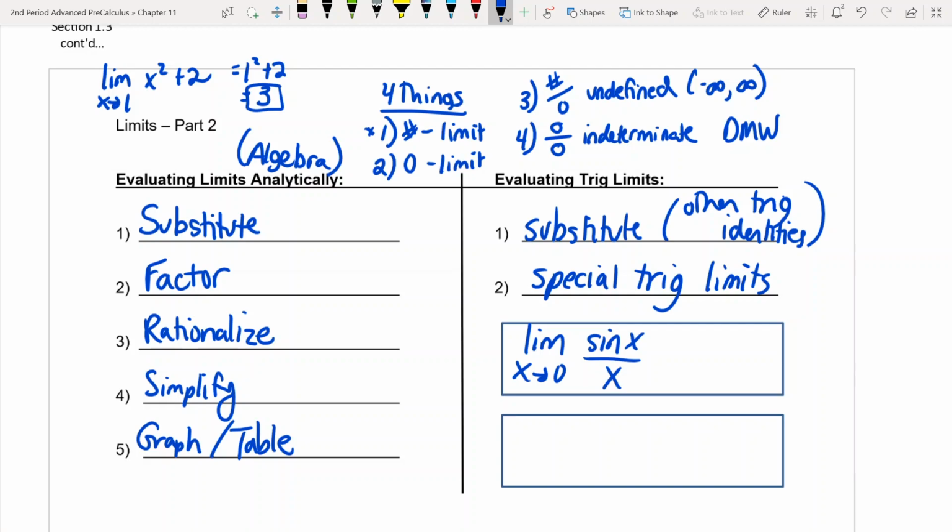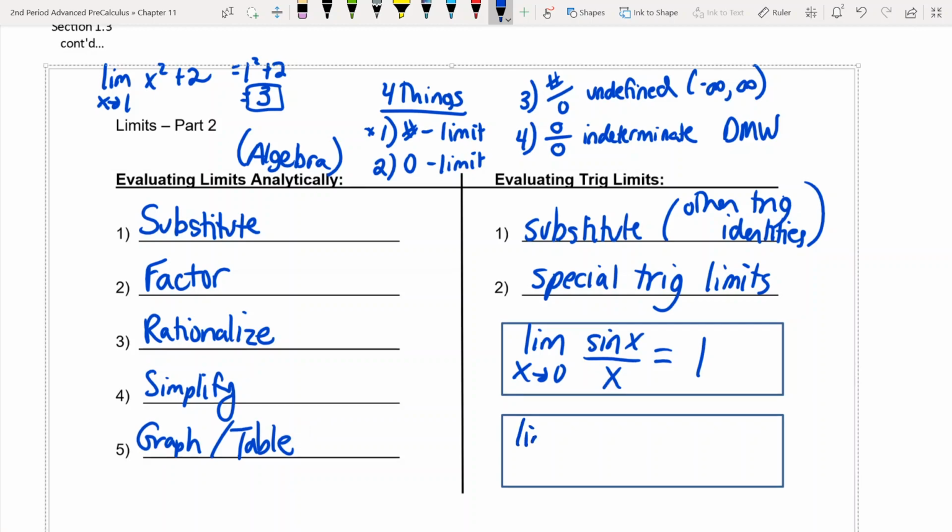But you don't know how to simplify that yet. So one of the things that we're going to learn for now is that it just simplifies down to 1. So if you can somehow simplify your expression to be the limit as x approaches 0 of the sine of x over x, you can substitute in a 1.